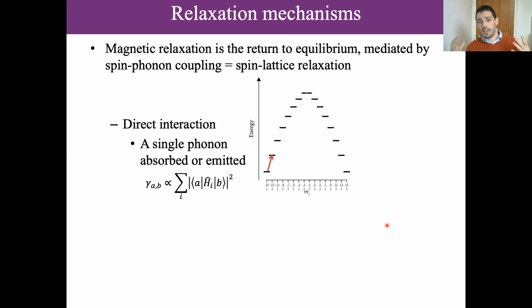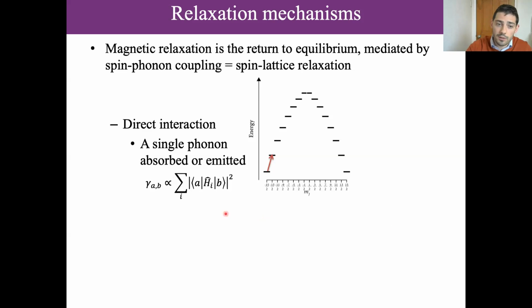So the first one is what we call the direct interaction. This is a single phonon process where a single phonon is scattered from a magnetic impurity or absorbed. Again, we talk about phonon occupation numbers and things like this in the solid state. So a single phonon is absorbed when it impinges on a magnetic impurity ion or a spin and transfers its energy to the spin manifold.